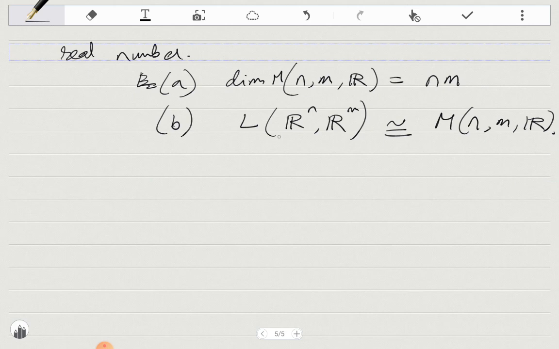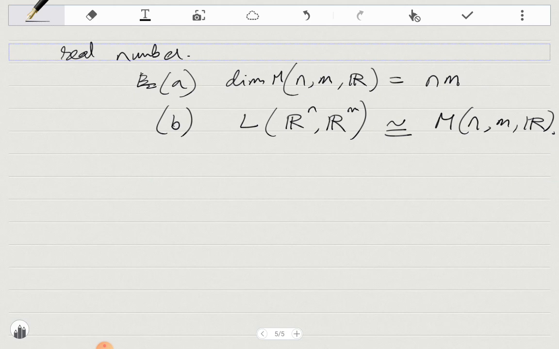So this map, given a linear transformation, associating a matrix to it, is what we just discussed. I leave it to you to prove. It's a trivial thing to check, but it should be done anyway, that this map associating a linear transformation to its matrix is bijective.